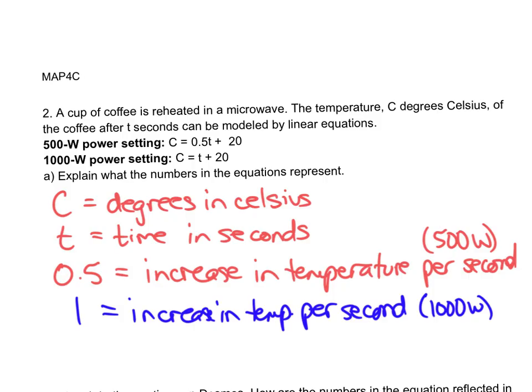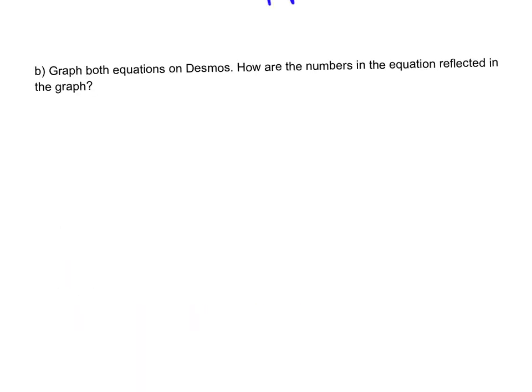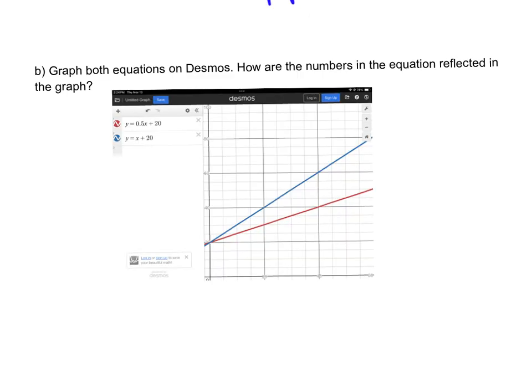In the 1,000 watt microwave. This last part asks you to graph both equations on Desmos, and then how are the numbers in the equation reflected in the graph. Here is a screenshot of the two equations graphed on Desmos, and you can see that the 20 represents the y-intercept, and it is the same for both lines, and the line going up at 1 degree per second is blue, and the half degree per second is red.